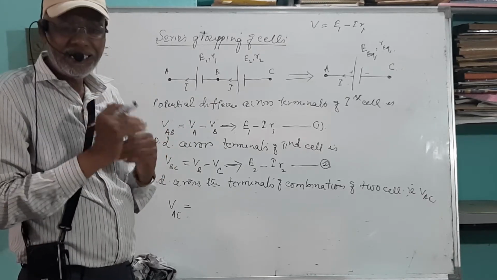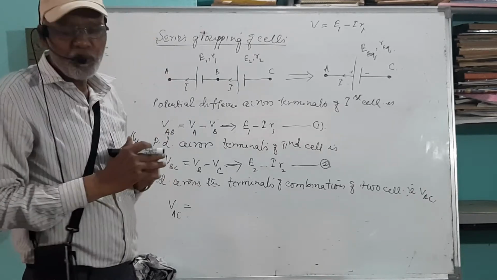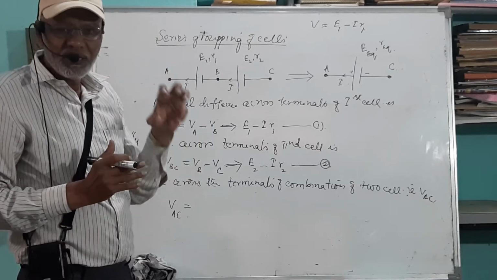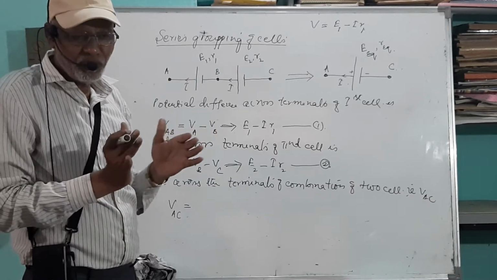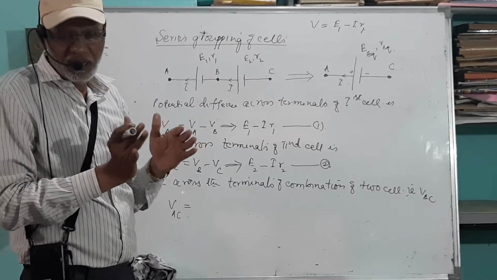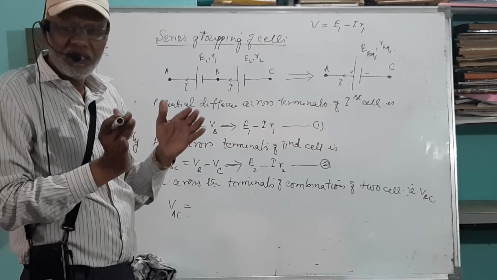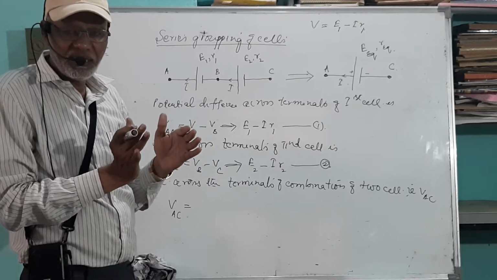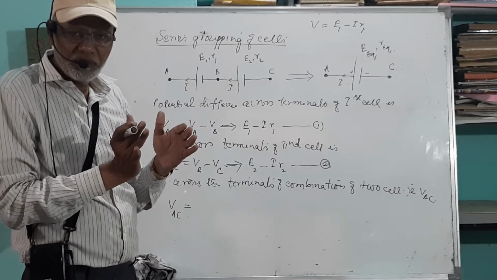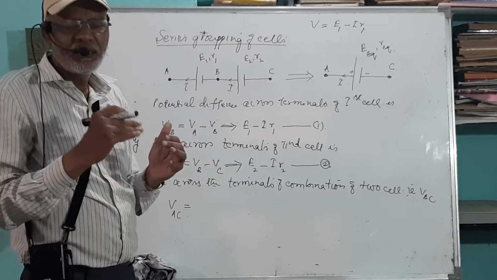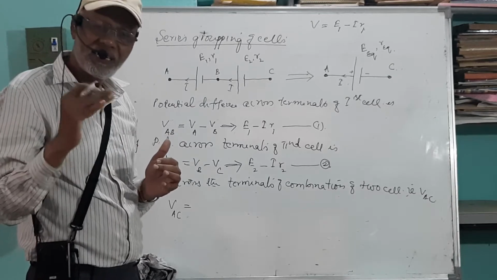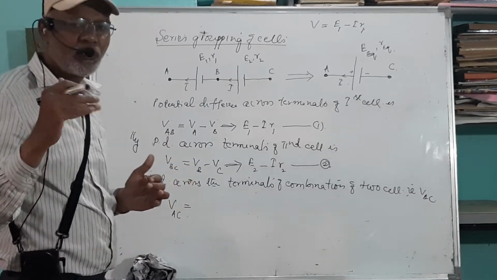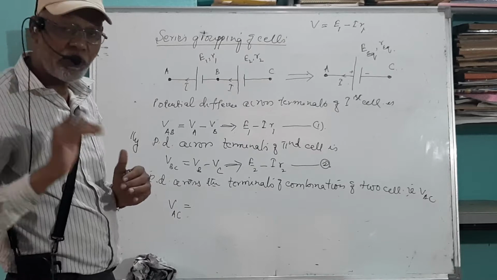With this purpose, we can group the cells into three types. First is the series grouping of cells, second is the parallel grouping of cells, and third is the series parallel grouping of cells. That is nothing but the multiple arc. That is not prescribed for the syllabus, therefore no need to worry about it.